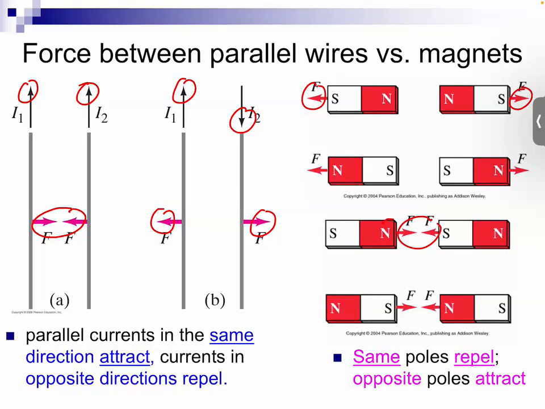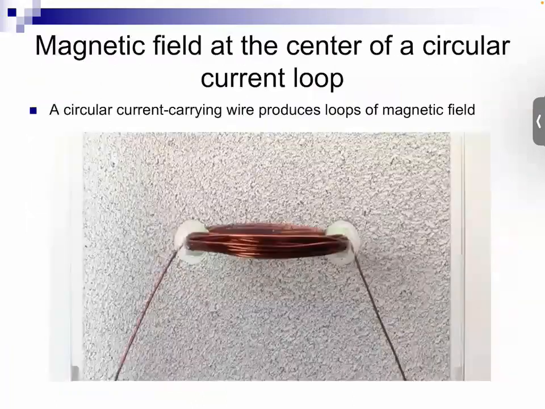But here, the key idea I wanted to illustrate is that if you have a wire and that wire carries a current, then that wire will create a magnetic field around itself. If you take the wire and coil it so that you form a circular loop, as shown here, and you apply a current through the wire, watch closely.